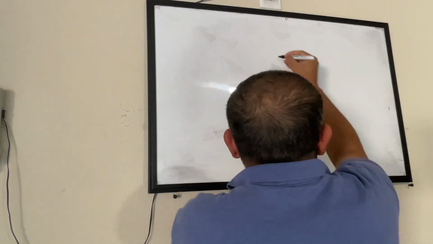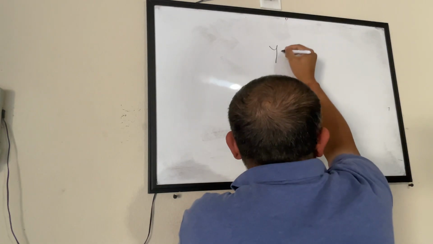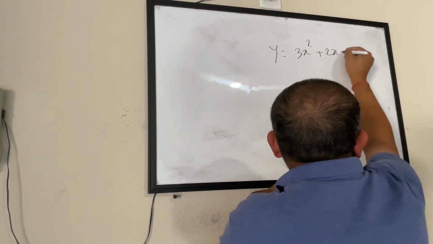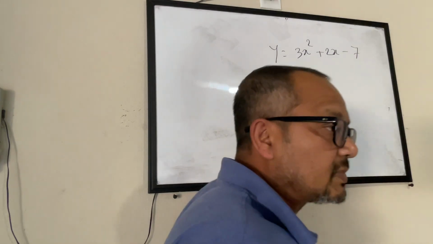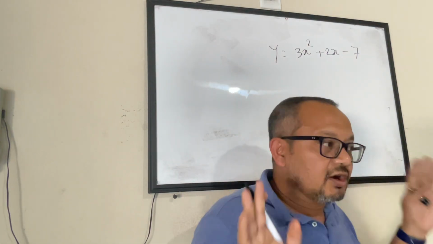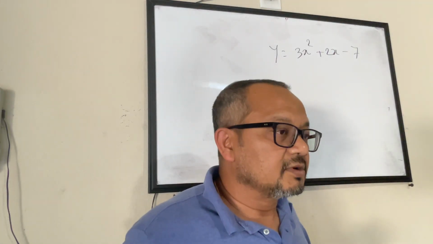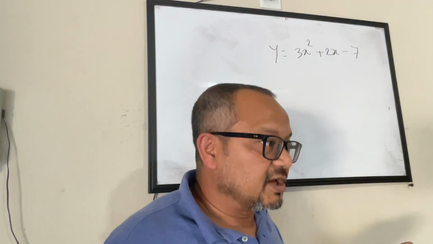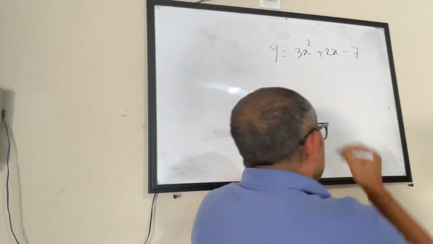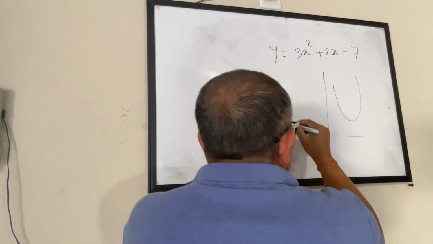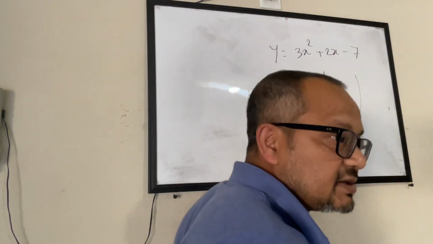Now, if I have a quadratic equation like this, it will draw a parabola. We don't know how the parabola will look. It can draw a parabola like this, or it can draw a parabola like this.